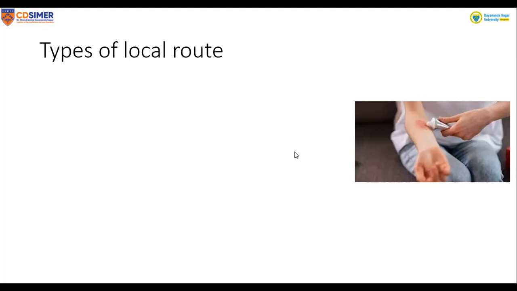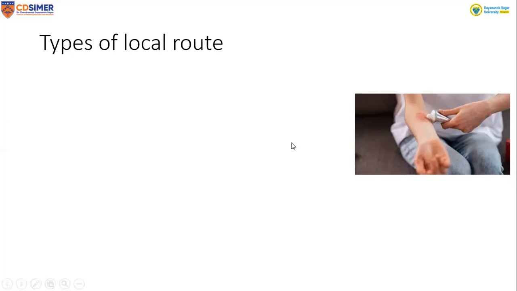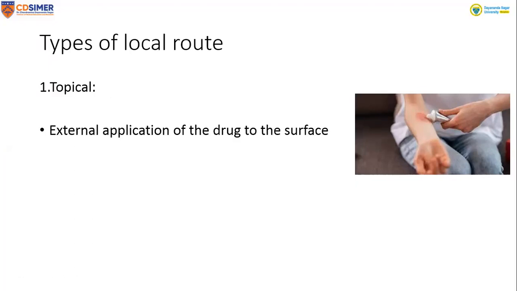Now let us try to understand the different kinds of local routes of administration available. In the local route of administration, you have topical application. Topical application means application of a medicament or a medical formulation over the surface.